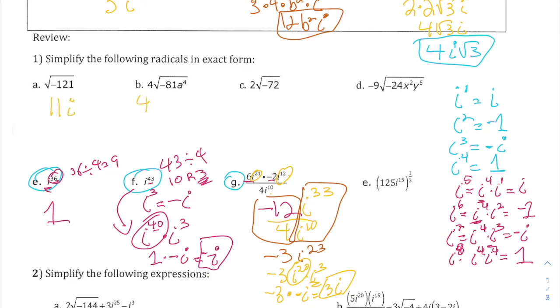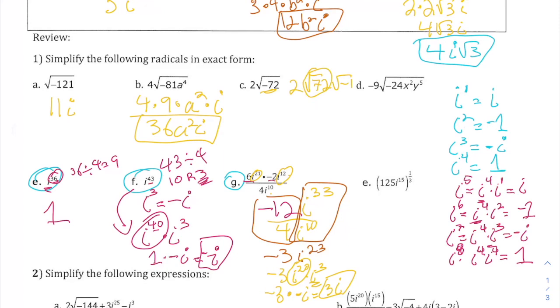Here, 81 is a perfect square, so that's 4 times 9 times a to the second times I. So that's 36a squared I. Okay, 72. Again, I just like to get rid of that negative number first. I don't even want to deal with it.